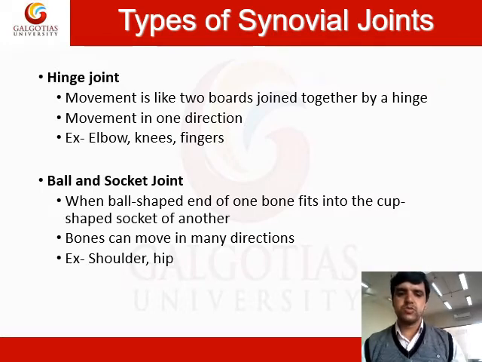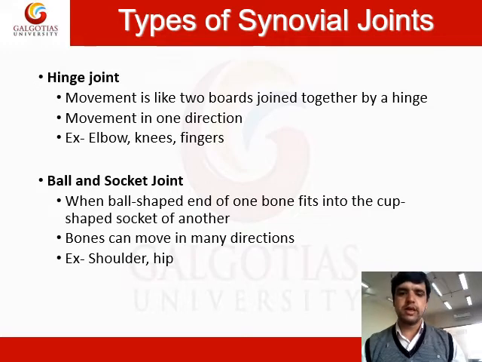In these joints, bone can move in many directions. So it is not unidirectional, it is a multi-directional type of joint. Examples of ball and socket joints are the joints in the shoulder and the hip region.